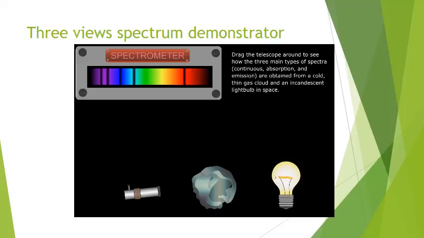So the photons, those particles of light that are leaving the light bulb, are passing through this gas on their way to my spectrometer. Some of them, however, are getting absorbed by the atoms of the gas. As they are absorbed, they excite the atoms in that gas into excited states. And so instead of all those photons reaching my spectrometer, they are being absorbed by the gas.